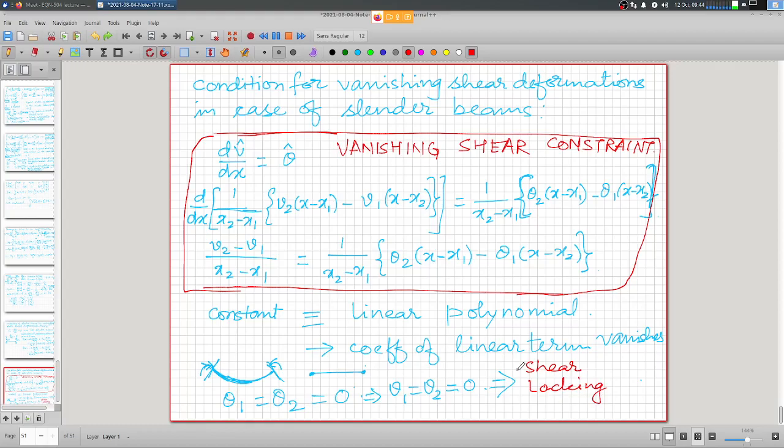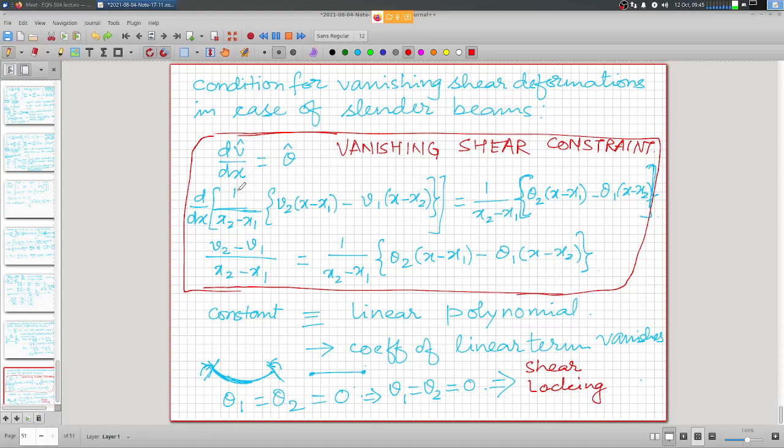So a general theory can do very well when you are dealing with deep beam problems, as long as dV by dx minus theta is equal to shear strain, as long as there are some tangible shear strains in the body, the formulation will work beautifully, and it leads to a simpler formulation as well, as we have seen.